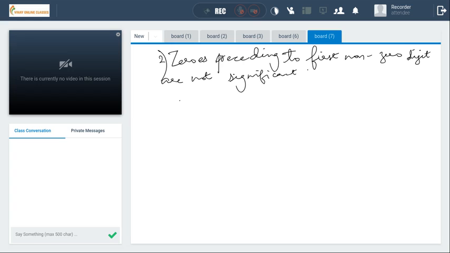What does this mean? Suppose I write 0.002.